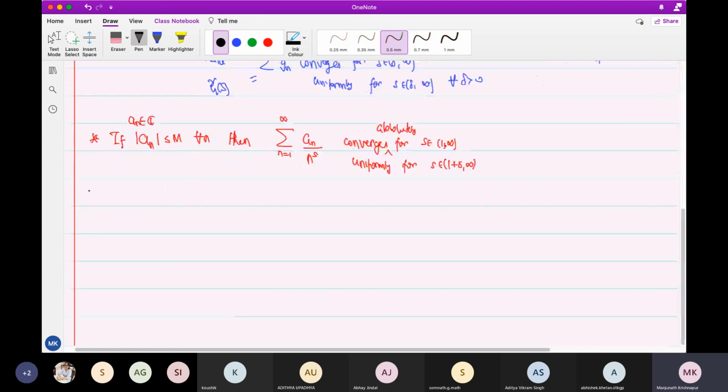Okay, so now let's come to things. In fact, sometimes the convergence can be better. What is an example? So here is an example.